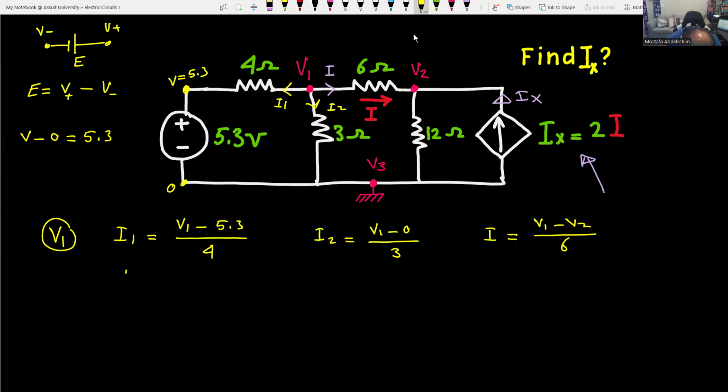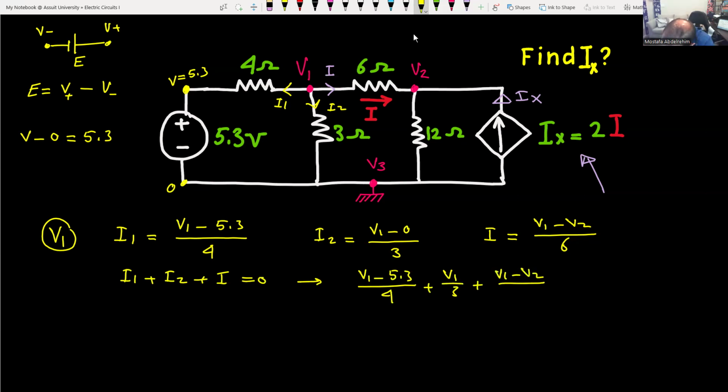So I1 plus I2 plus I equals 0. In that case, V1 minus 5.3 over 4, plus V1 over 3, plus I, which is V1 minus V2 over 6, equals 0.